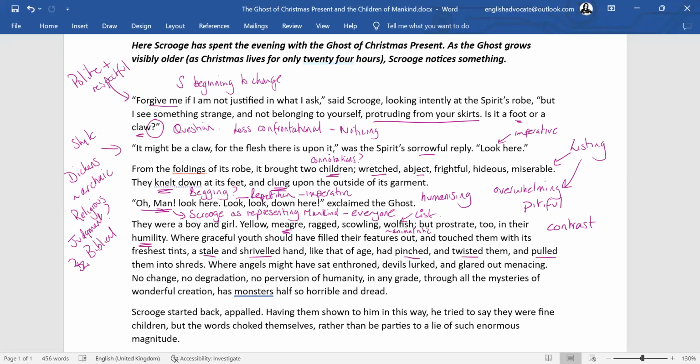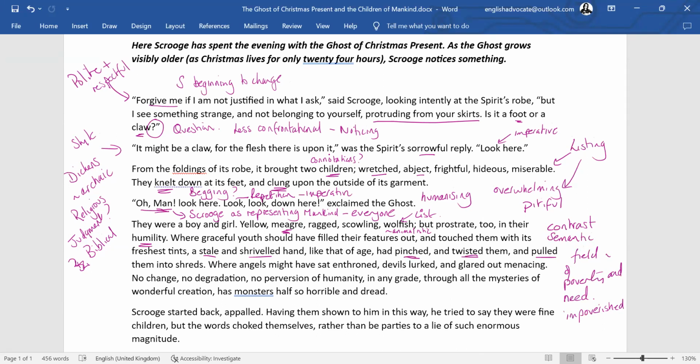We have language taken from the semantic field, okay, semantic to do with words, field to do with a particular area, of poverty and need. Okay, these are impoverished. If you are impoverished, you are subject to poverty, impoverished children. And again, these verbs are violent and unpleasant.